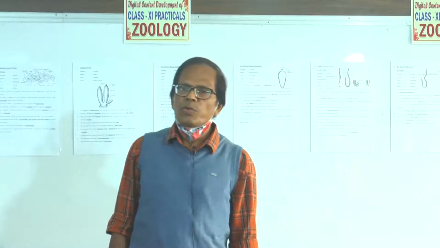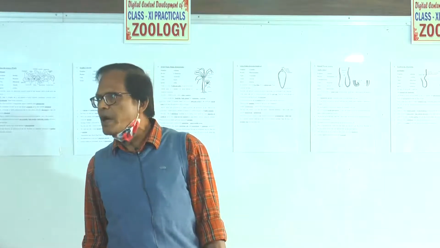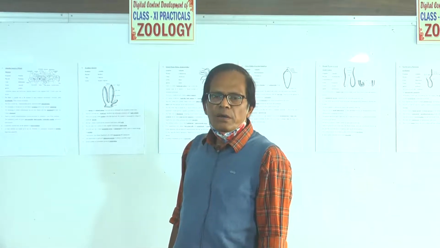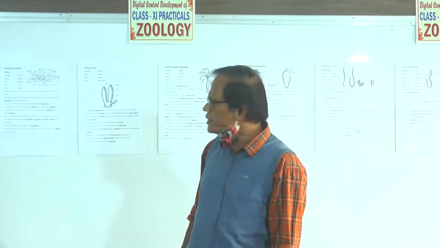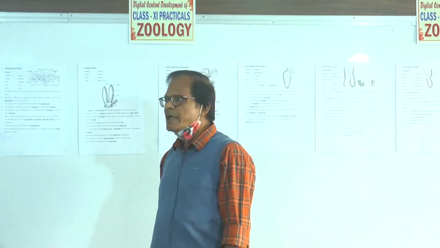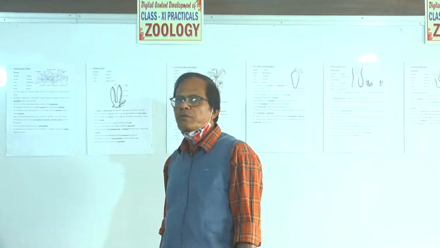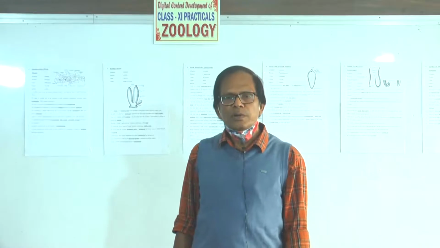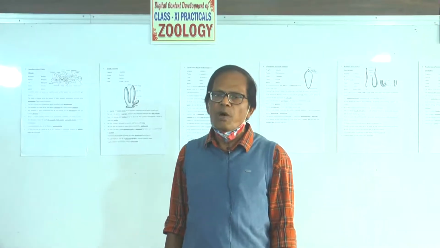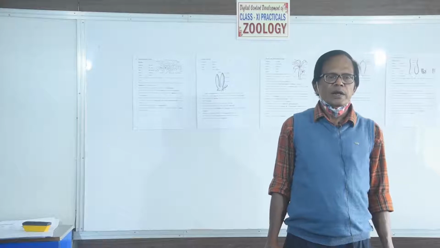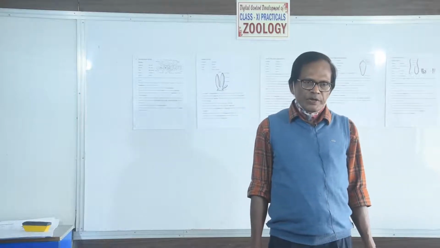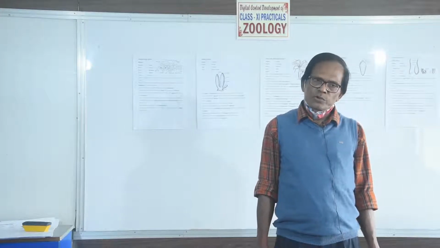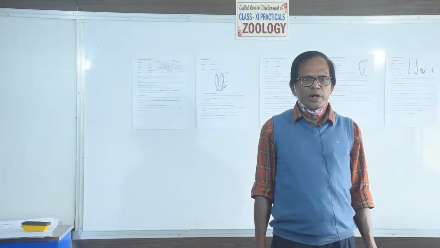So first, we shall enter into the first part, that is the taxonomy. That is the description of characters of some representative animals of different phyla. As you know, there are 10 major phyla, starting from Protozoa, Porifera, Coelenterata, Platyhelminthes, Nemathelminthes, Annelida, Arthropoda, Mollusca, Echinodermata, and finally Chordata.